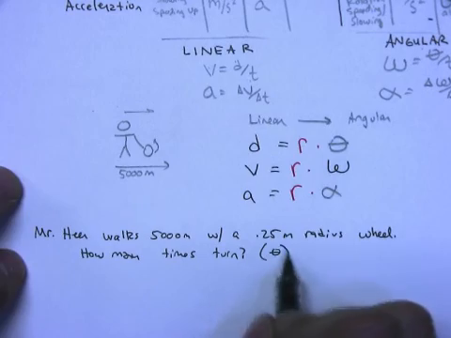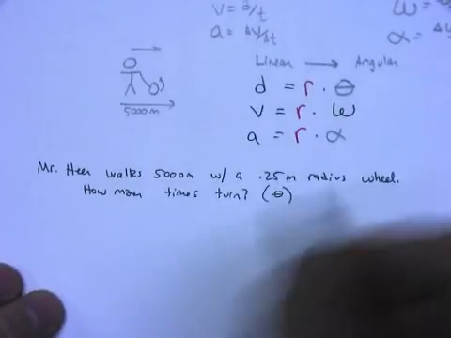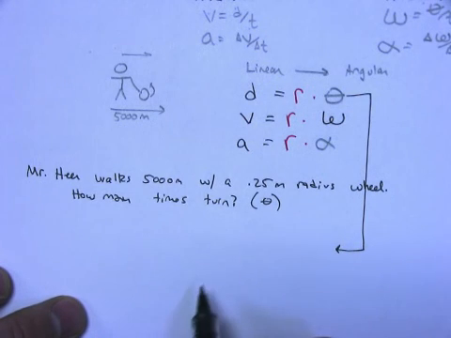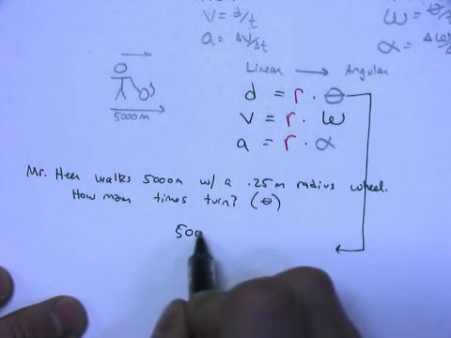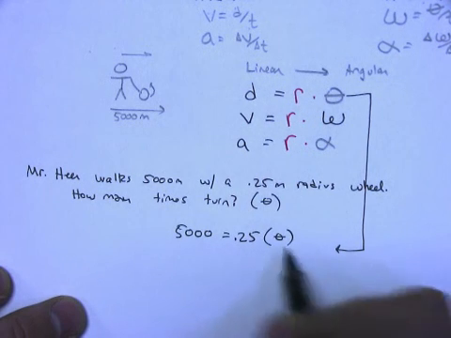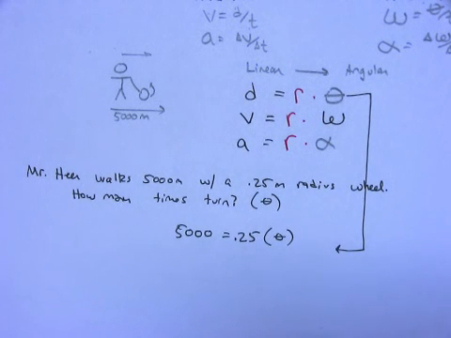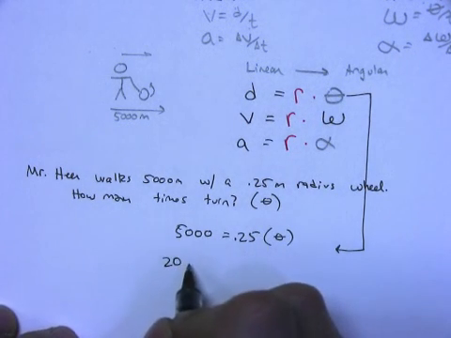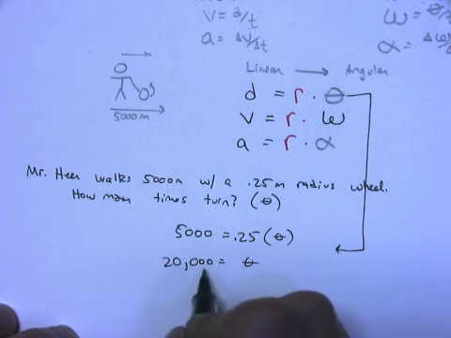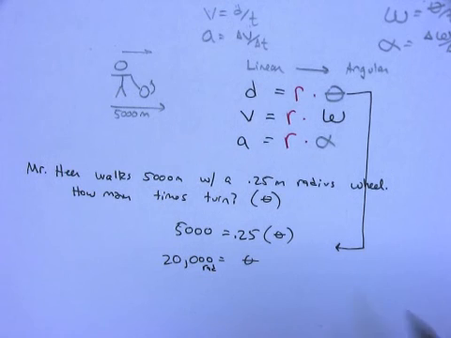So that's angular displacement, so I'm going to utilize this equation right here. Distance, 5,000 meters. The radius is 0.25 meters, so I just take 5,000 divided by 0.25, which is 20,000. Radians. So that's 20,000 radians.